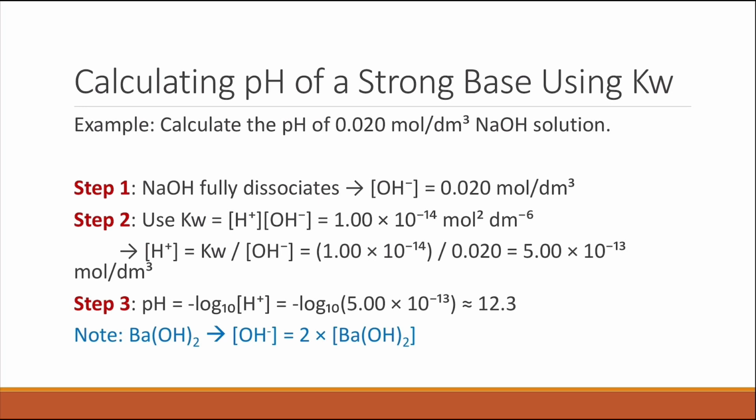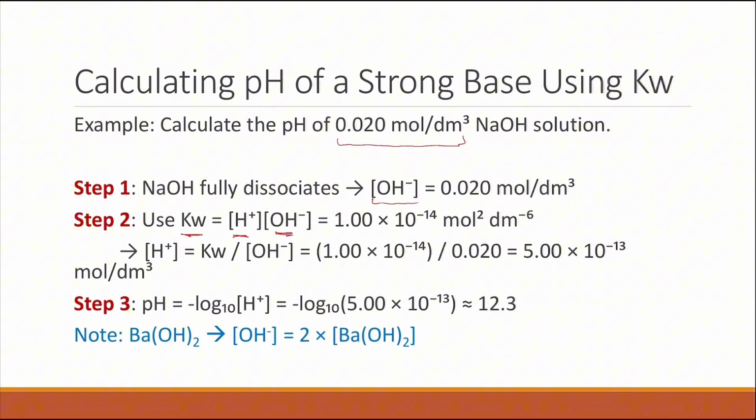If we have a base like sodium hydroxide with a certain concentration, like 0.02 mole per decimeter cube, then the concentration of the hydroxide ion is taken as the concentration of the hydroxide from the strong base. Now we can use the ionic product of water, which equals the hydrogen ion concentration times the hydroxide ion concentration. The hydroxide ion concentration is now not similar to the hydrogen ion concentration; it is the concentration of the base.